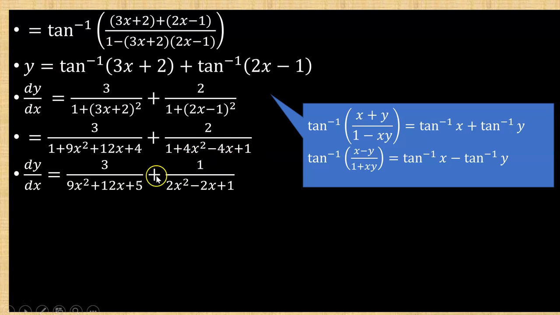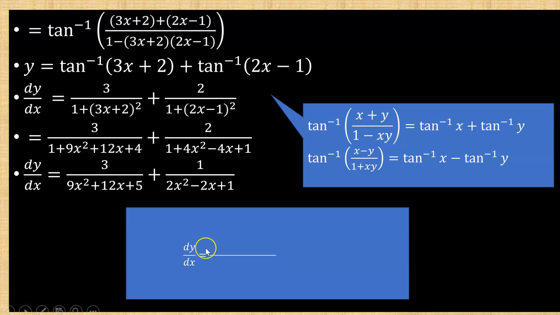If we take 2 as common from the denominator, then we cancel the 2 from the numerator and the denominator. Then you will get here 1 upon 2x square minus 2x plus 1. And therefore dy by dx is equal to 3 upon 9x square plus 12x plus 5 plus 1 upon 2x square minus 2x plus 1.